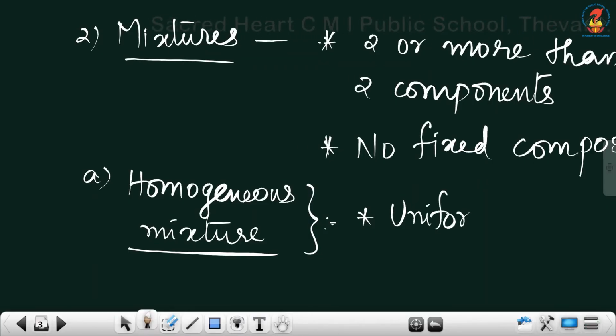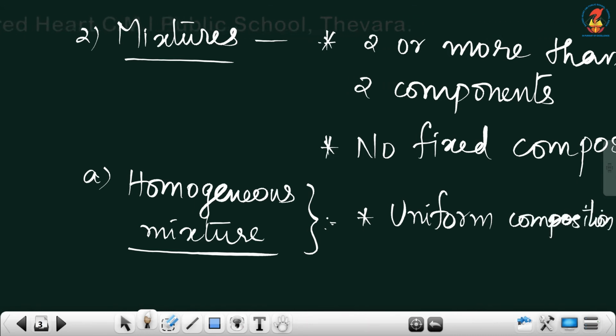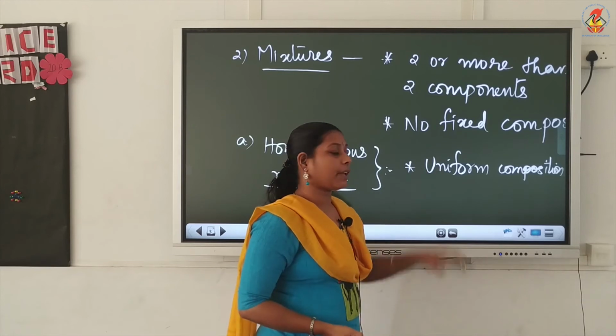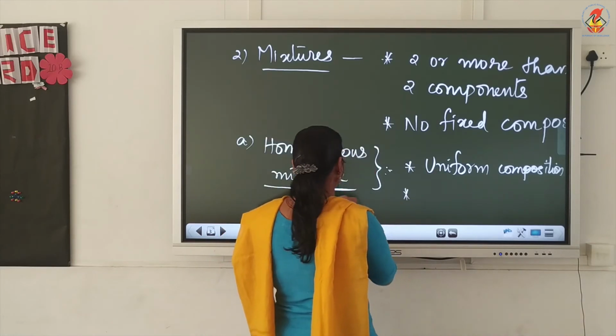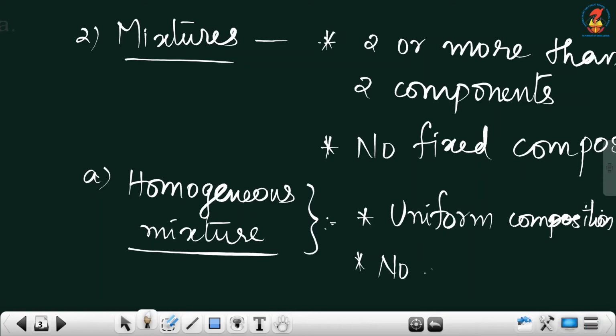Uniform composition between the components. Different components will be there in that mixture, and the different components will have a uniform composition. And one more point, we can say that there are no distinct boundaries.